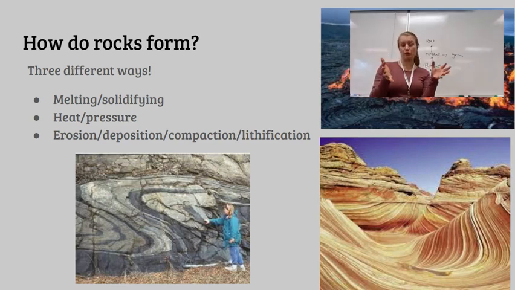You can take a rock and add heat and pressure to it, and you can form it into a different rock. Or you can take an existing rock, weather it, erode it, move it somewhere else, deposit it, and then basically glue it back together, and that creates a rock as well. So these are the 3 different rock types, which I'm hoping that you have a little bit of background in.